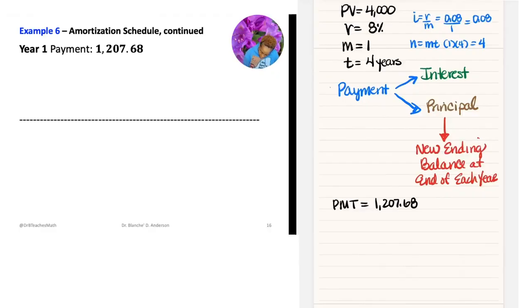When you're looking for interest, because we're doing a year at a time, don't forget this formula. Remember, I equals PV times R times T? Well, you're like, oh, but that's the simple interest formula. We're not doing simple interest. We're actually doing an annuity type payment, which is compound interest. Totally fine.